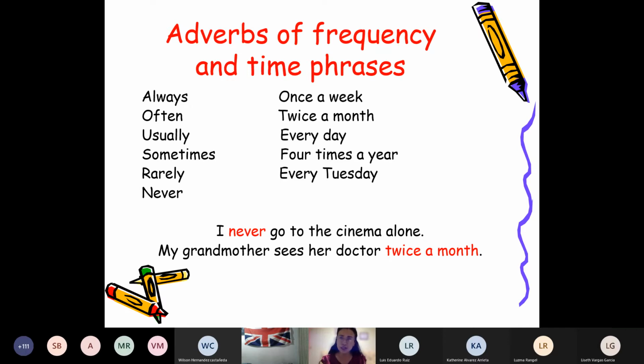I usually go to the cinema means that you go to the cinema 2 or 3 times per semester or per month. Sometimes means 30%.